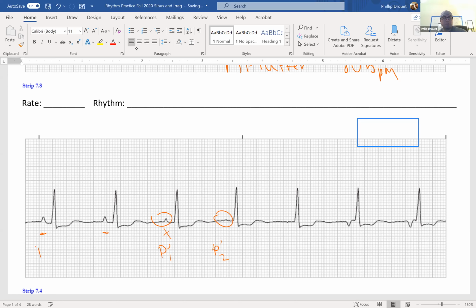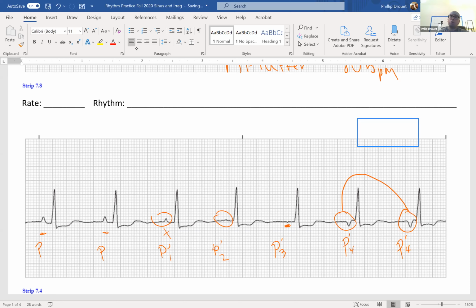And these guys I'm going to call P waves because those look similar. And they have what a normal shaped P wave should look like. Over here, there's that little blip right there. We're going to call that another P prime. This is going to be P prime number 3, P prime number 4. And because this one looks like this one, I'm also going to call this one P prime number 4.